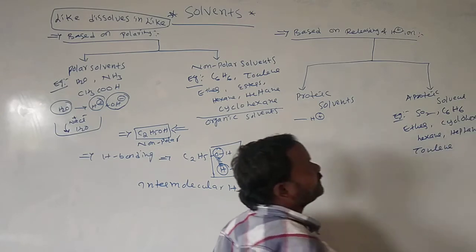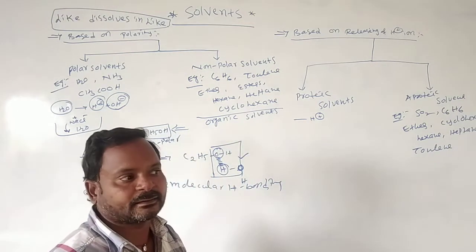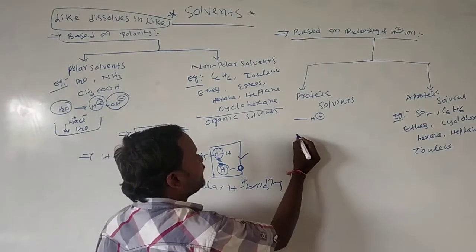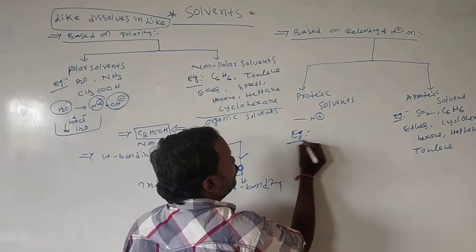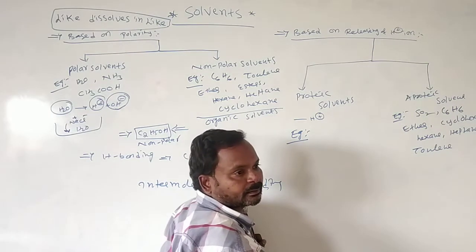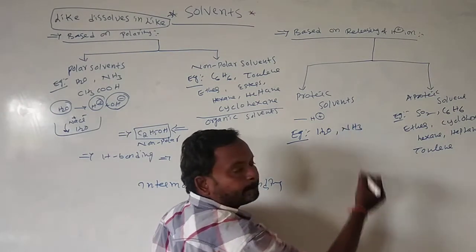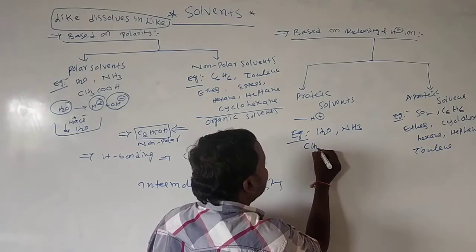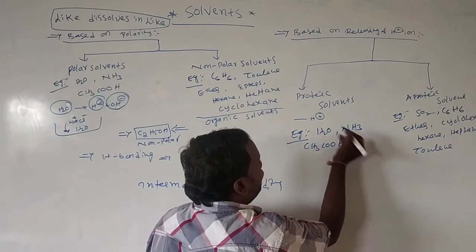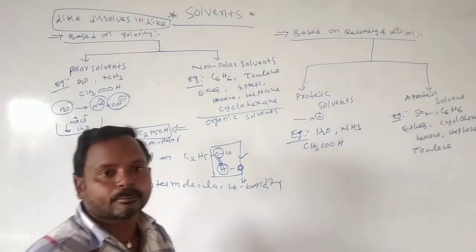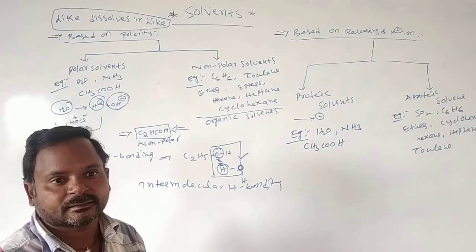All these are the best examples for aprotic solvents. The solvents which release the H+ ion we call protic solvents. Examples for this: water, ammonia, acetic acid. All these are the best examples for protic solvents.